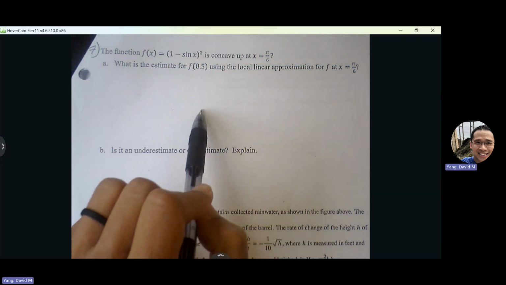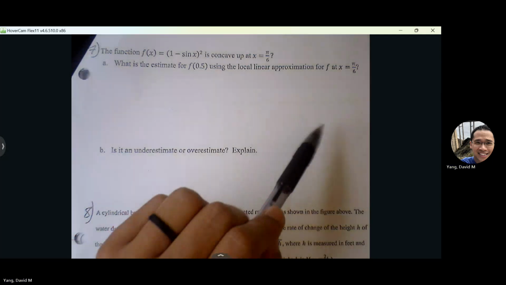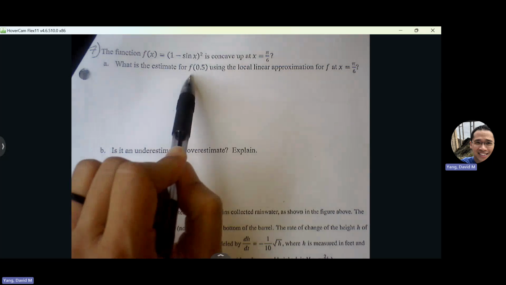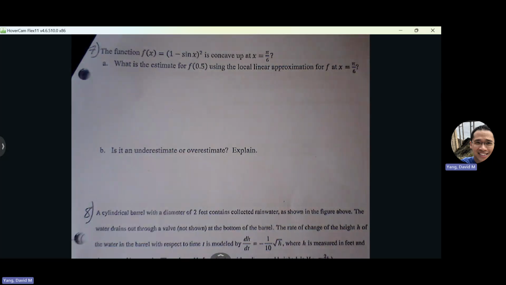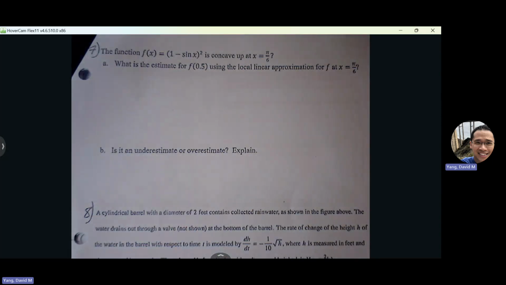Make sure you build the derivative through the chain rule, then plug in pi over 6 to get your tangent line equation. And if you get your tangent line equation, that's basically the majority of the problem. The final step is then you can plug in that 0.5. And even without a calculator, you can do it, because if you plug in 0.5 and leave your answer unsimplified, that's sufficient. That is also a sufficient value.